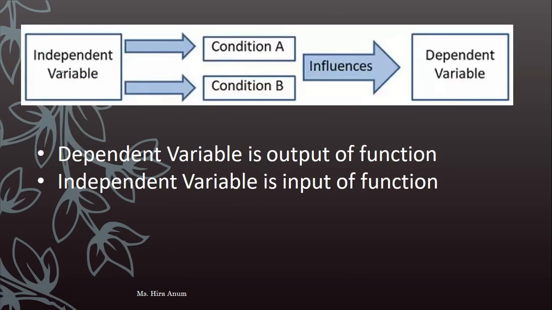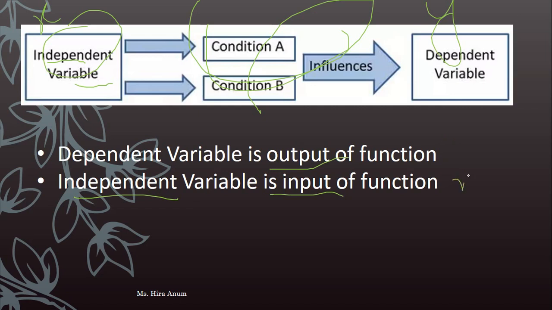The independent variable x is what we give. We use conditions and influences in this. Then we have the dependent variable, which is y. The dependent variable is the output of the function, the independent variable is the input of the function. Normally these are x values and these are y values. We give the independent variable and we find the value of the dependent variable.